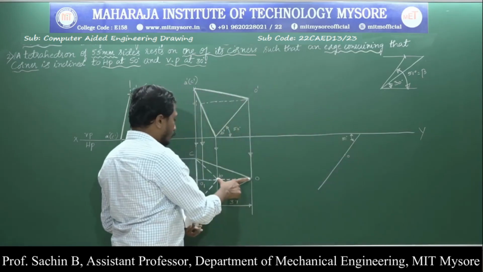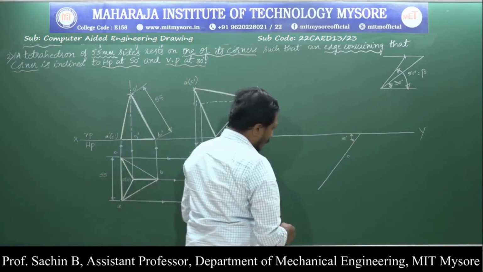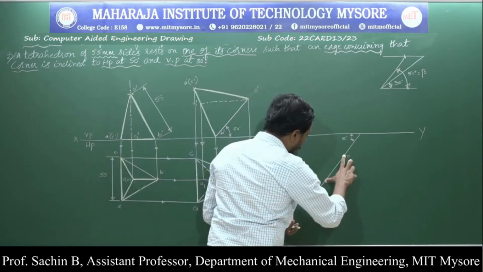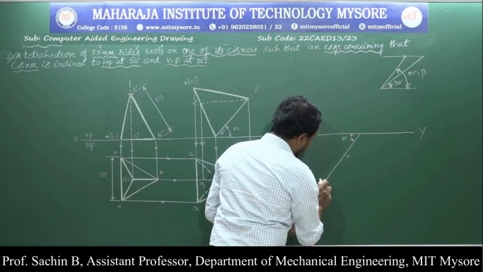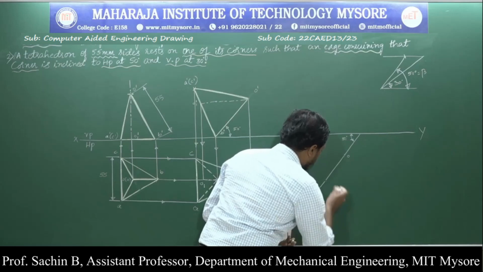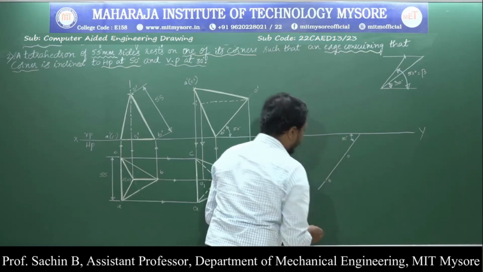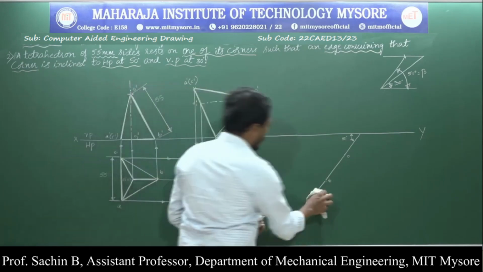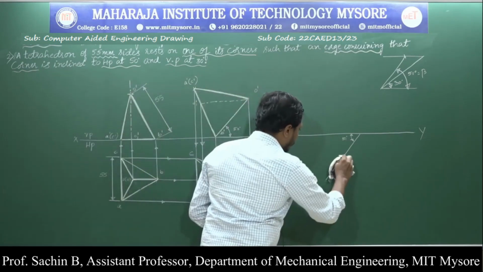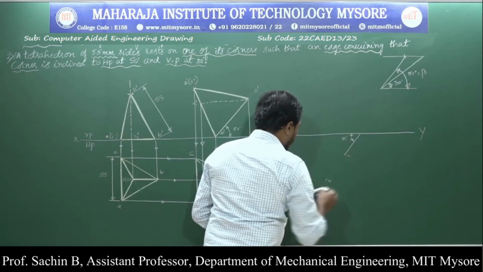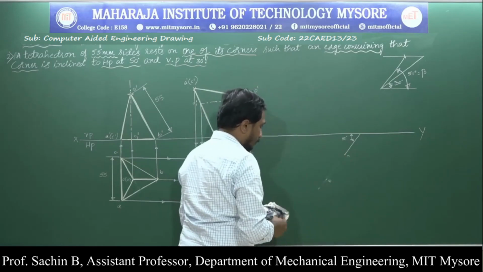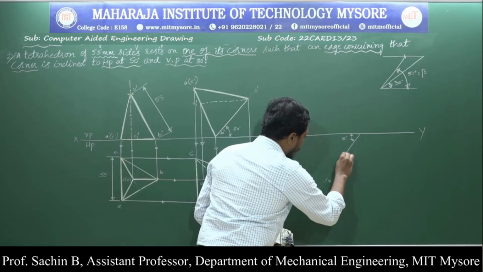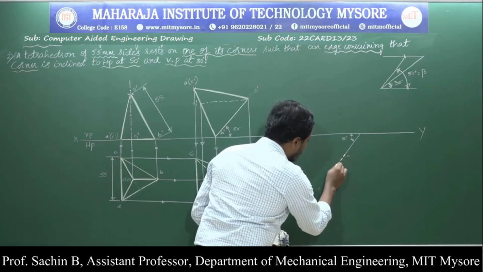Next, I will take the O to B length and mark that length from O to B till here. This is my B point. Next, I will go for making the hidden edge for it. We already constructed that in the second position. I am drawing the hidden lines.